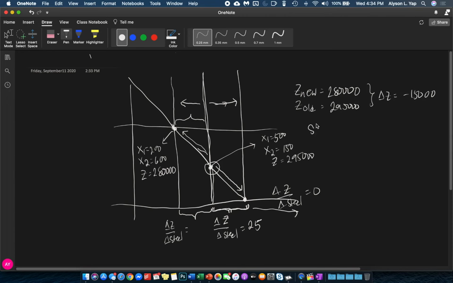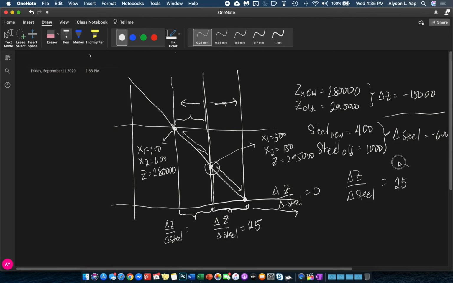Your new steel is equal to 400, and I'll tell you later why this is 400. Your old steel is 1,000, and therefore your change in steel equals negative 600. And if you divide the two, your change in Z over change in steel is still 25. So this one is still 25.